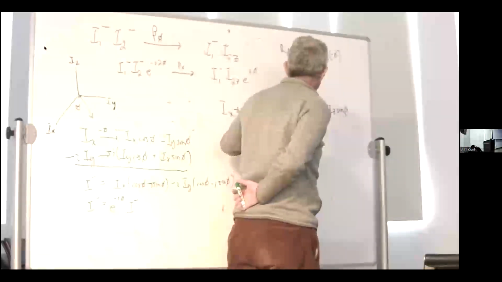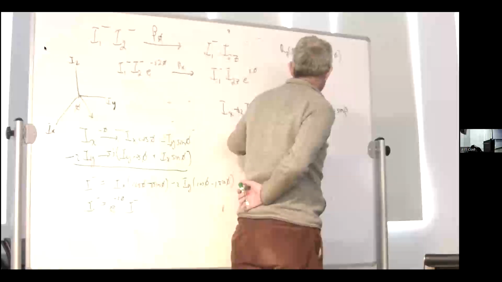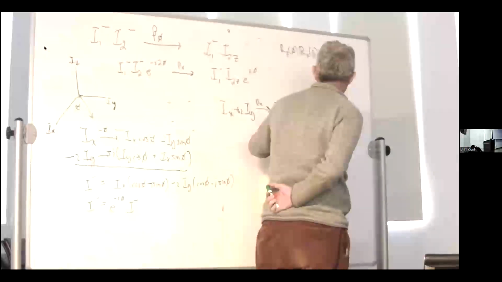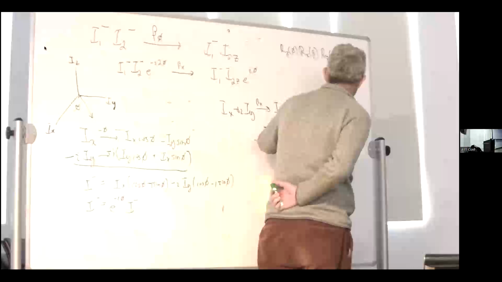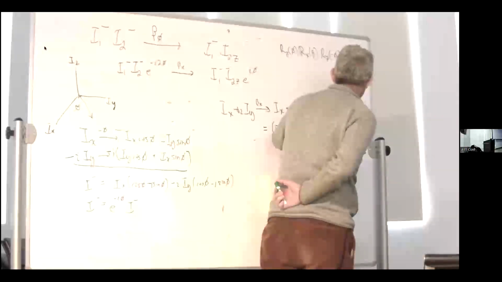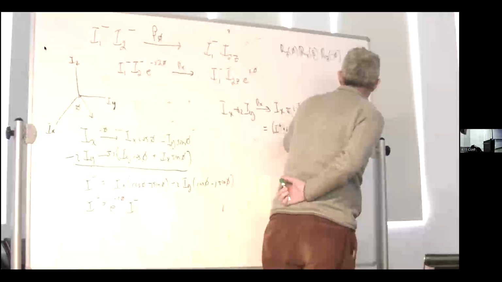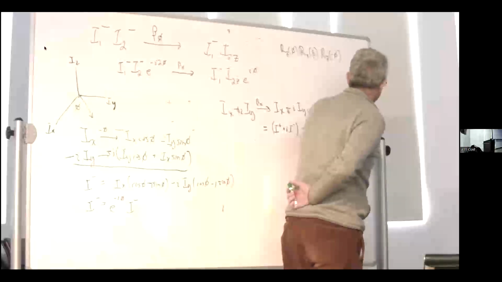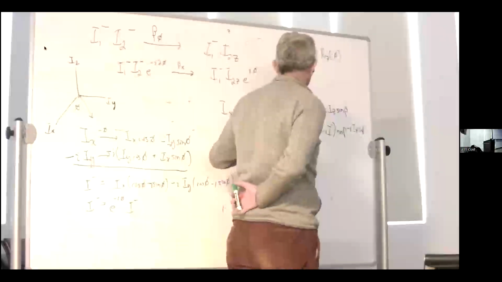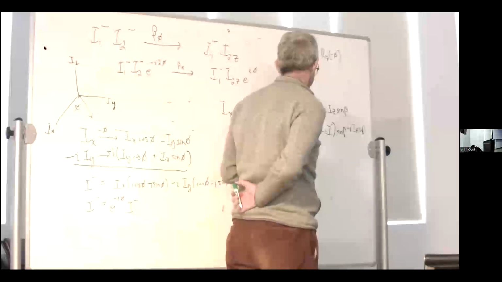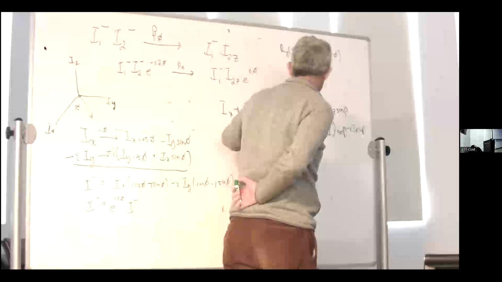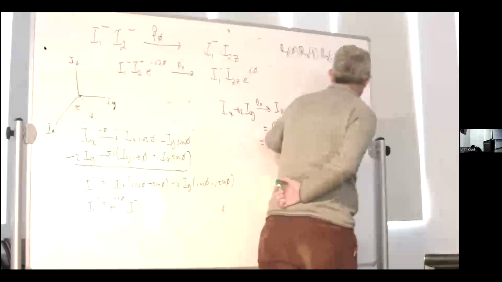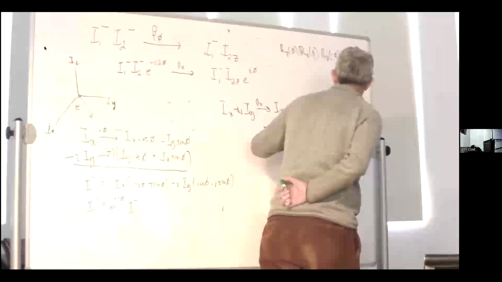Now Ix is I plus plus I minus over 2, and minus i I minus cosine beta minus Iz sine beta. Or I think that's Ix is I plus plus I minus over 2, minus I minus, 1 over 2i.